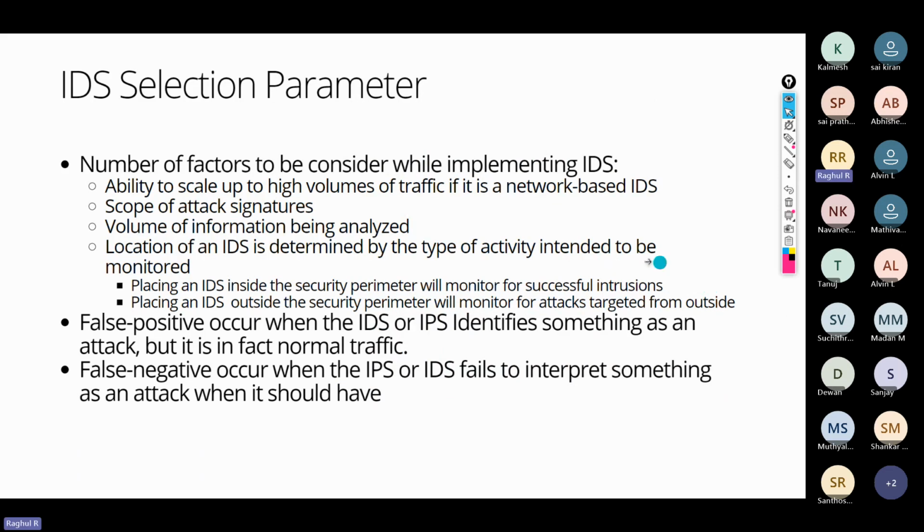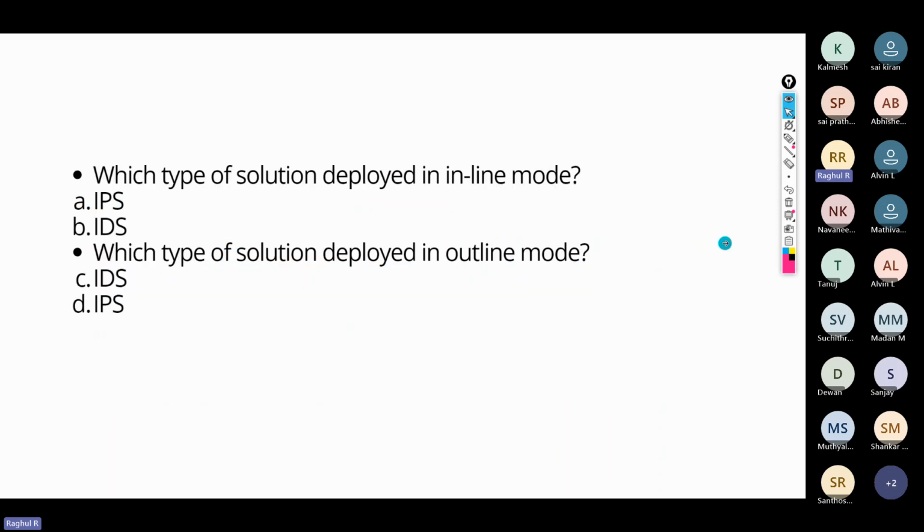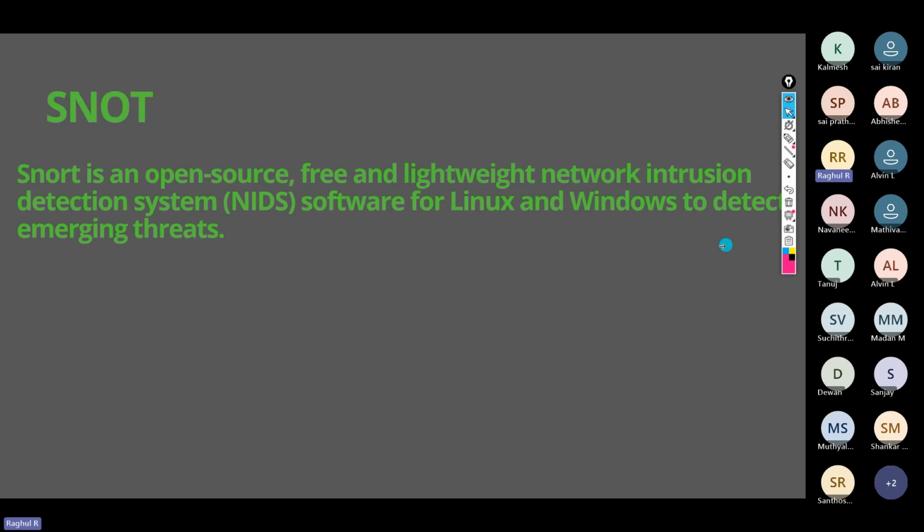Okay. So IDS selector parameter. Let me show this one. One second. Yeah. So Snort is a free and open source IDS. Also, it's lightweight. It won't consume much system performance and usage. Okay, so this is an explanation for the IDS.